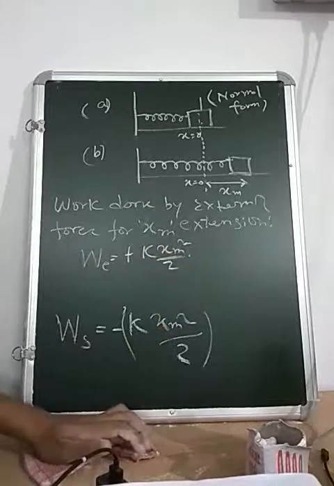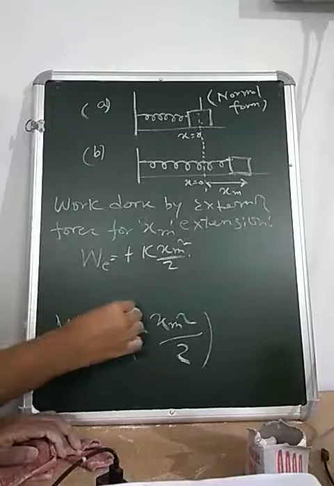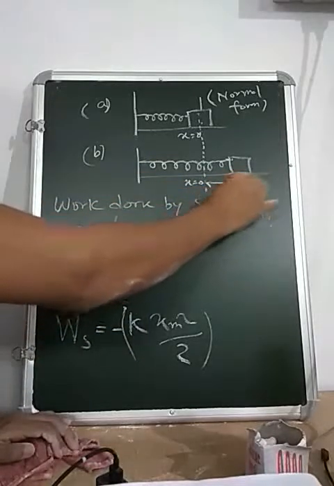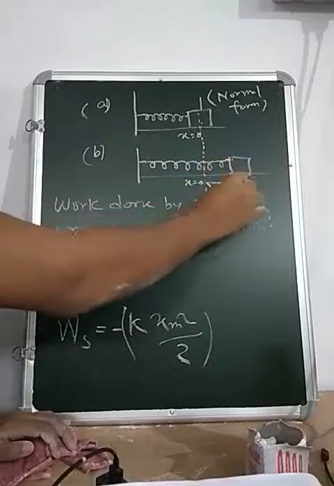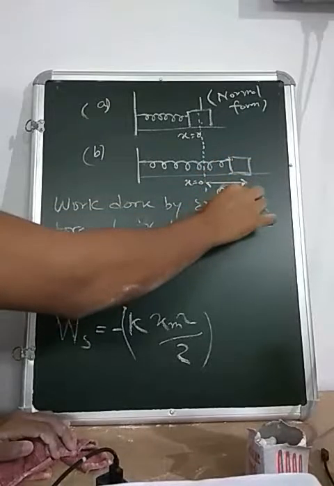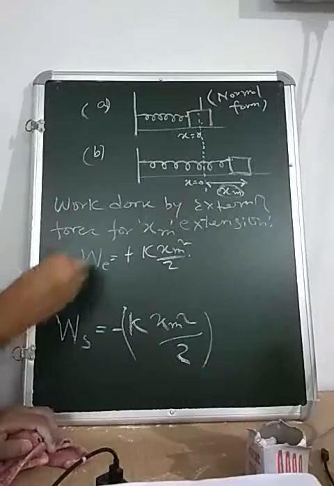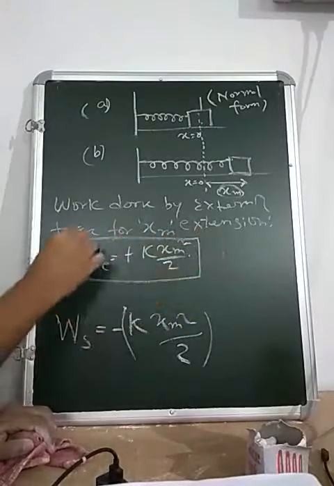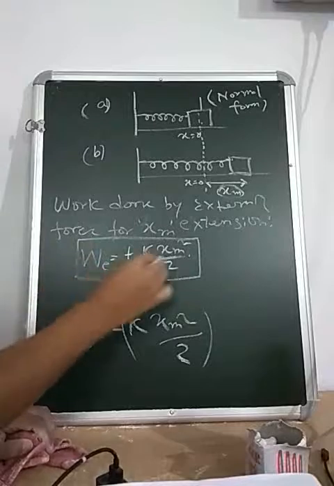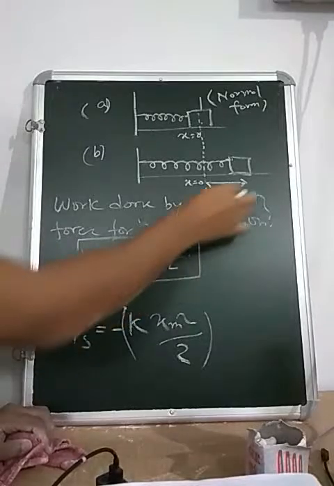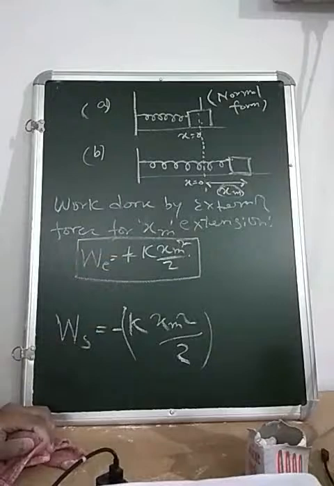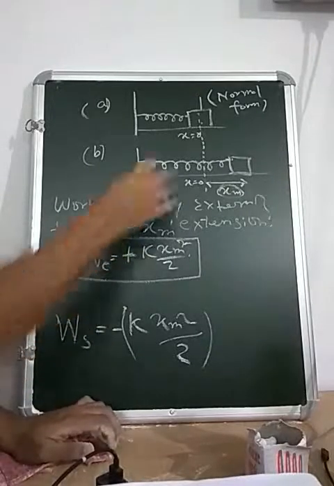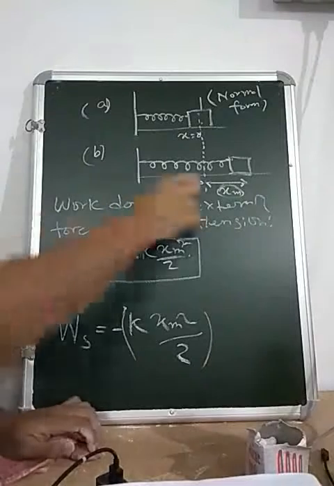So to expand the spring up to xm amount, or to displace the block up to this xm amount, we have to apply this amount of energy. We have to do this amount of work for this displacement of the block. So this is the work done by external force due to this expansion of the spring.